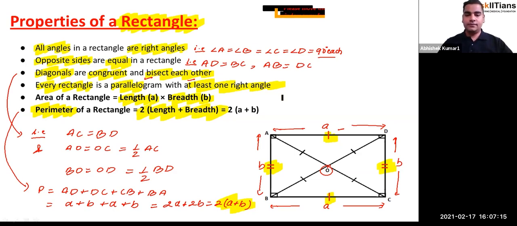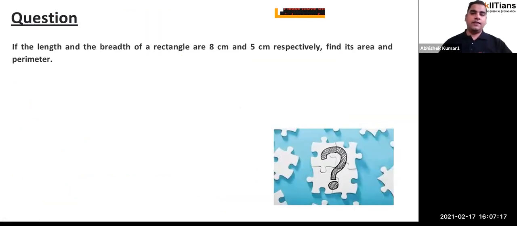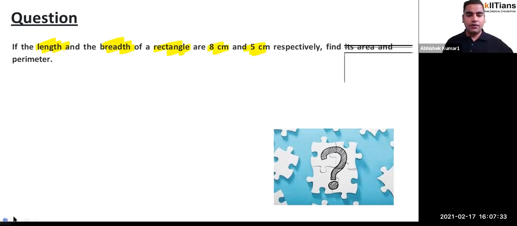All right, done. Now we have a problem that is based on the properties of a rectangle. It says if the length and the breadth of a rectangle are 8 centimeter and 5 centimeter respectively, then you have to find the area and the perimeter both for this rectangle. So it's super easy, isn't it?